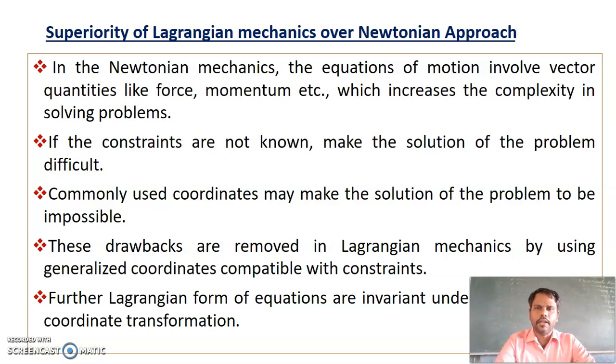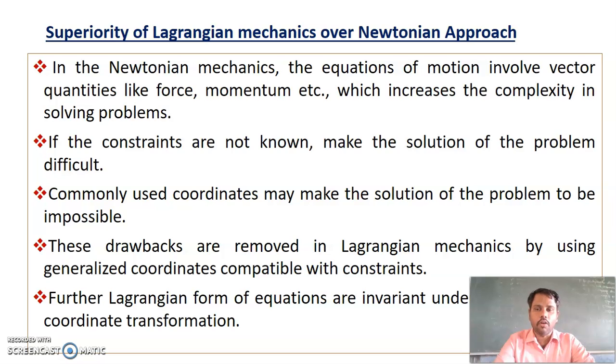We know that Newton's laws of motion, its second law, where force, momentum, acceleration are all vector quantities and they need vector algebra to solve problems. However, if we don't know all the forces acting on a body, then arriving at the solution for a given problem will be very difficult.